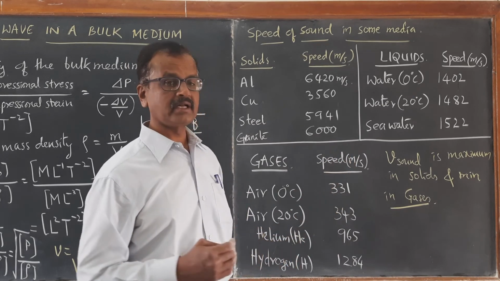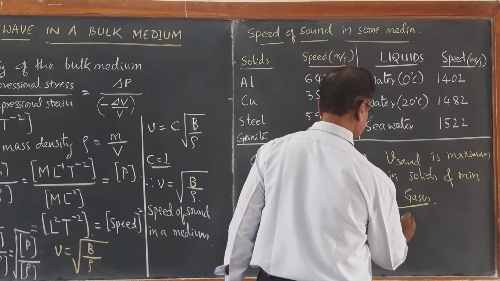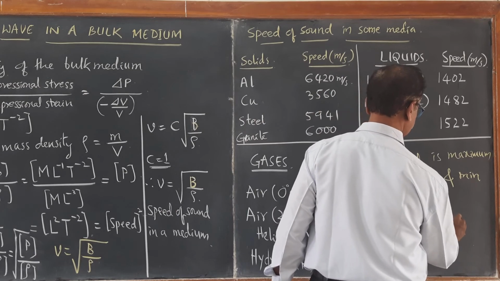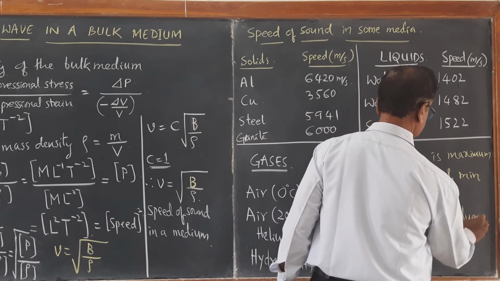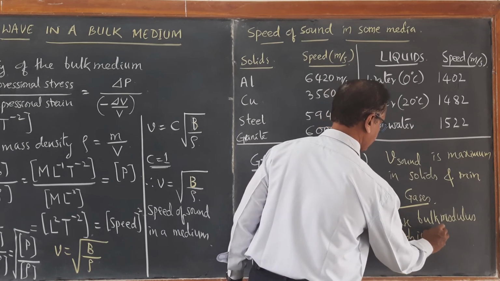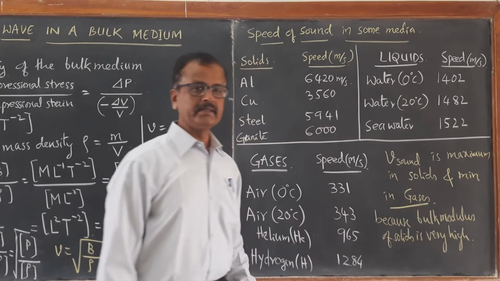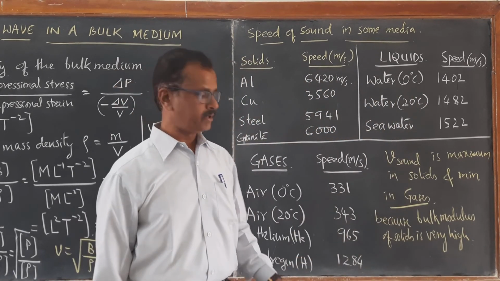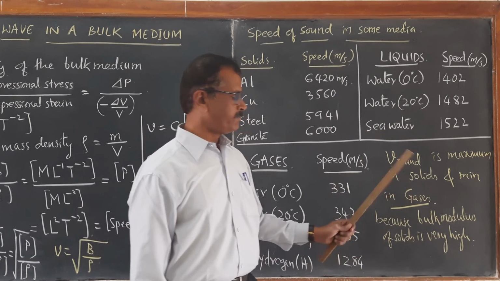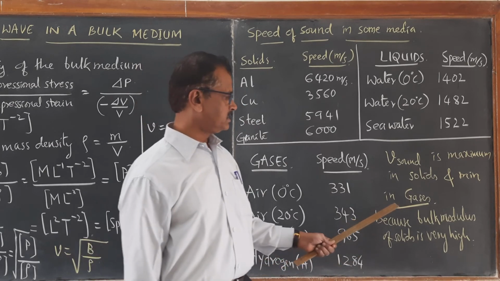So because of their high bulk modulus, the bulk modulus of solids is very high, and even the density of solids is very high compared to that of gases and liquids. But still the ratio B by rho is such that it is the highest in case of solids.